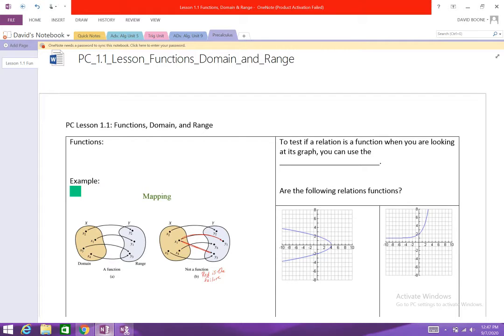So first thing I want to do is just talk a little bit about functions and give you a little definition for that.